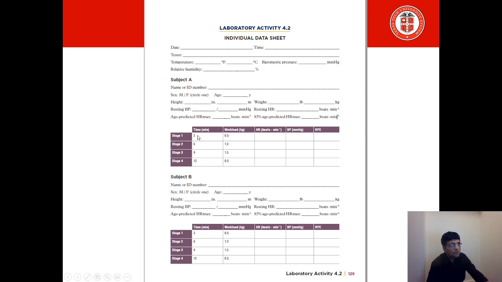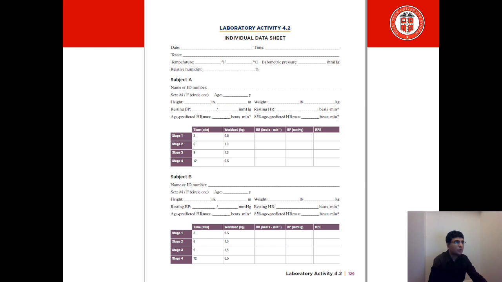Typically we do a total of 12 minutes of exercise. From minute 0 to minute 3 you have a workload of 0.5, and there is a dial on the bicycle ergometer which tells you how much intensity to keep, and then record the heart rate, the blood pressure, and the RPE.